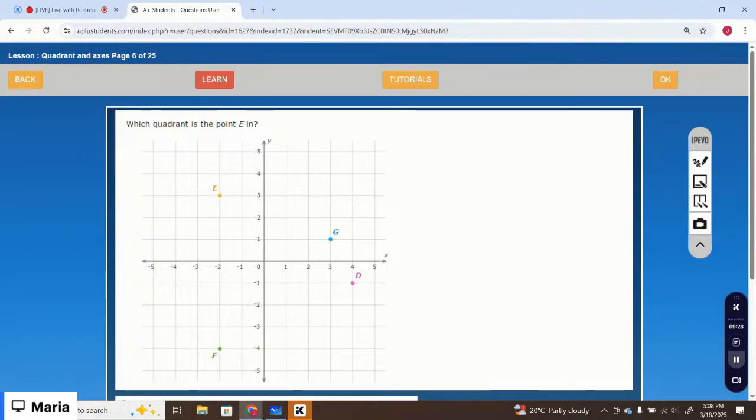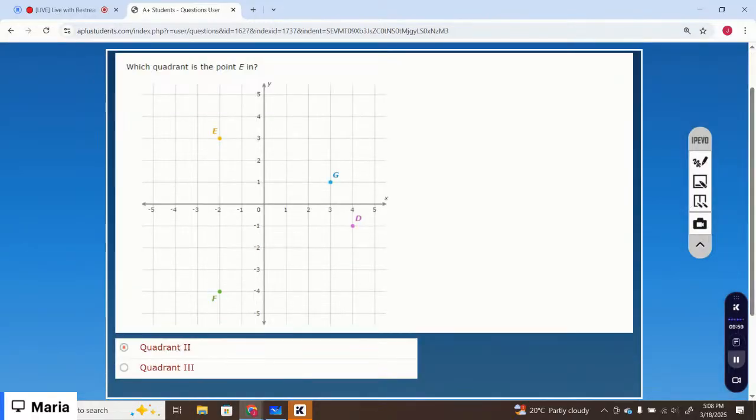Which quadrant is the point E in? E is in quadrant 2.